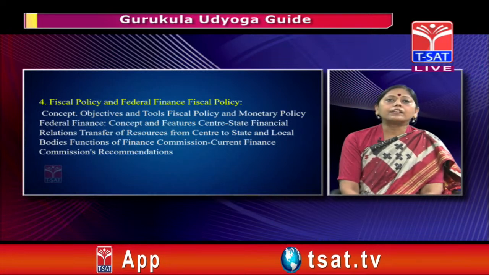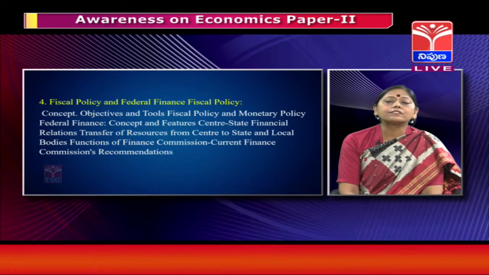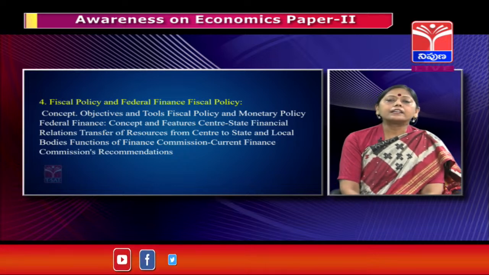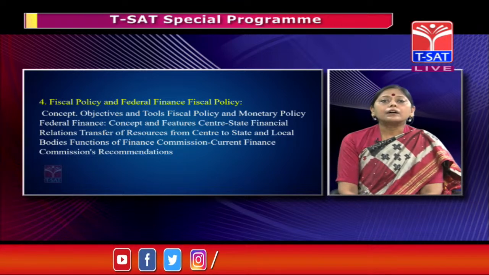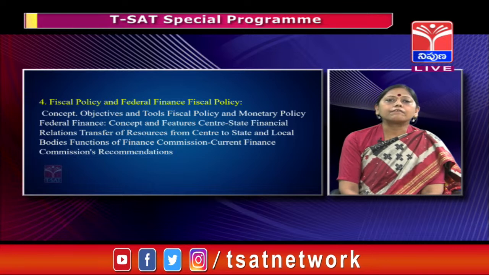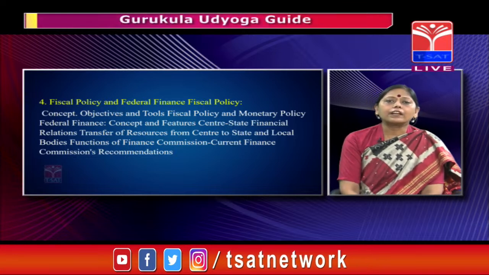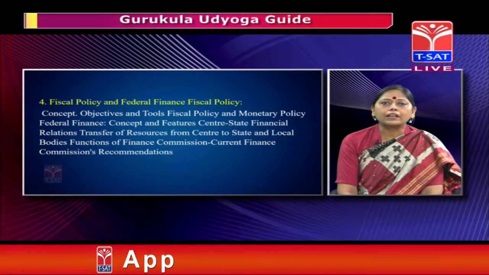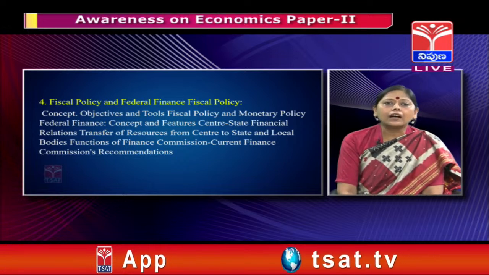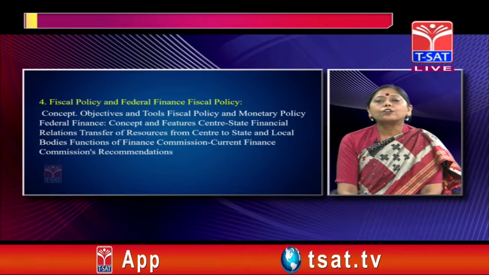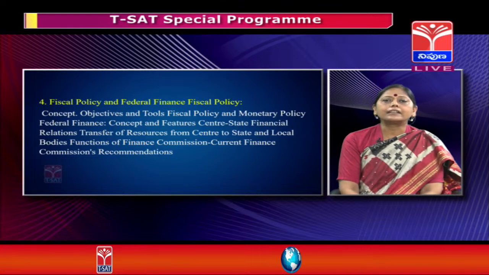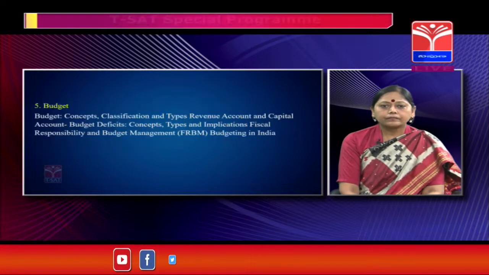In India we have an organization called the Finance Commission, set up by the president of the country once every 5 years. The members of the Finance Commission decide how the revenue of the government should be distributed between the center and the states.